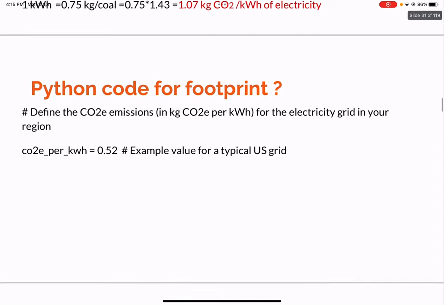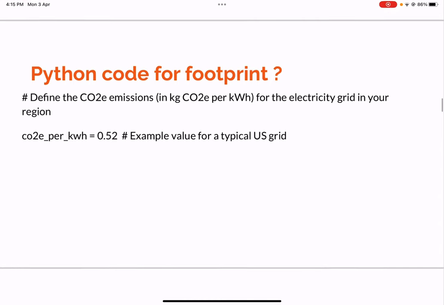in our region. For example, let us say that I am residing in the United States at a particular place where the emission factor for that grid is 0.52 CO2 equivalent per kWh, where kWh is the unit of electricity. That I have to define.